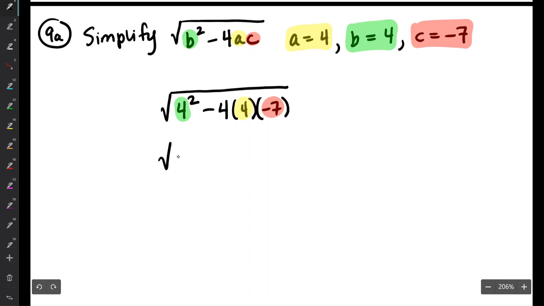4 squared is 16, minus 4 times 4 is 16, times a minus 7, 16 times a negative 7, it's still not right.